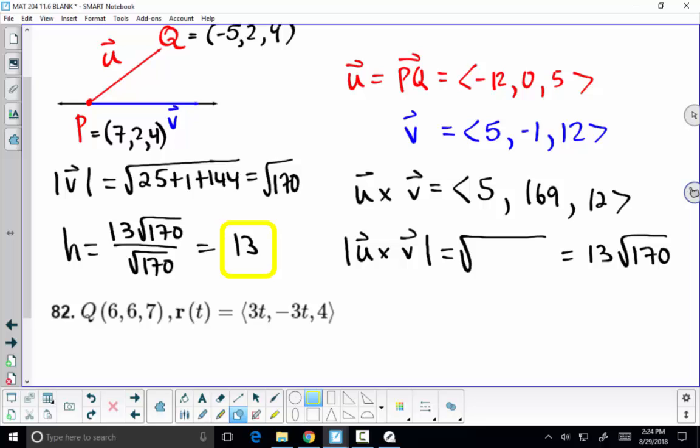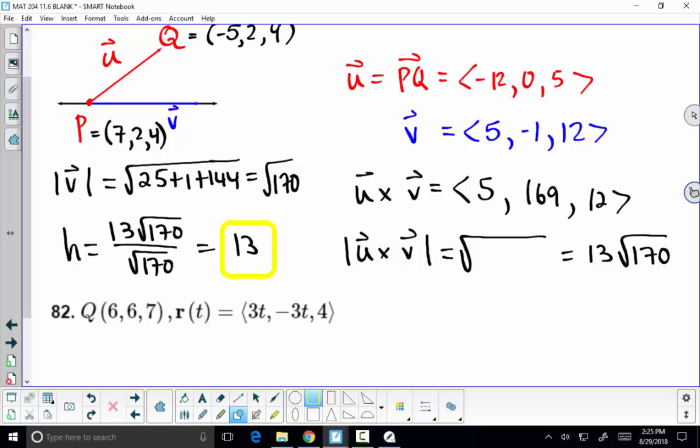When you square and add, 13 squared times 170 is inside, so you're just pulling out perfect squares. If you didn't pull them out and just left it as the square root of a big number, the 170 would divide in and give you 169 inside, and the square root of 169 gives you the 13. You could wait to the end, yeah, but it'd be more of a pain.